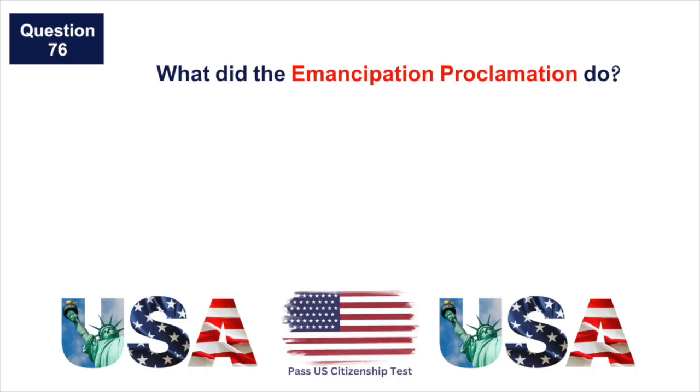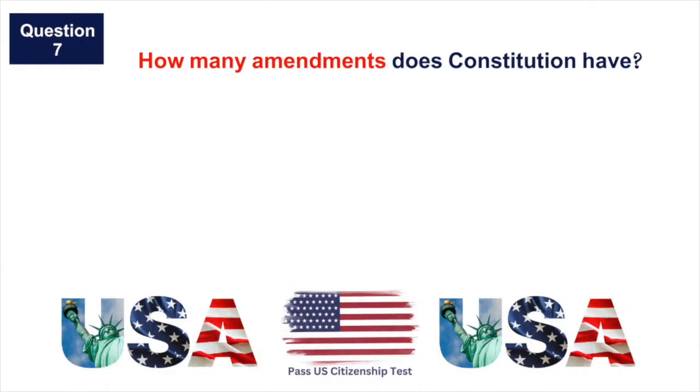What did the Emancipation Proclamation do? Freed the slaves. How many amendments does the Constitution have? 27.